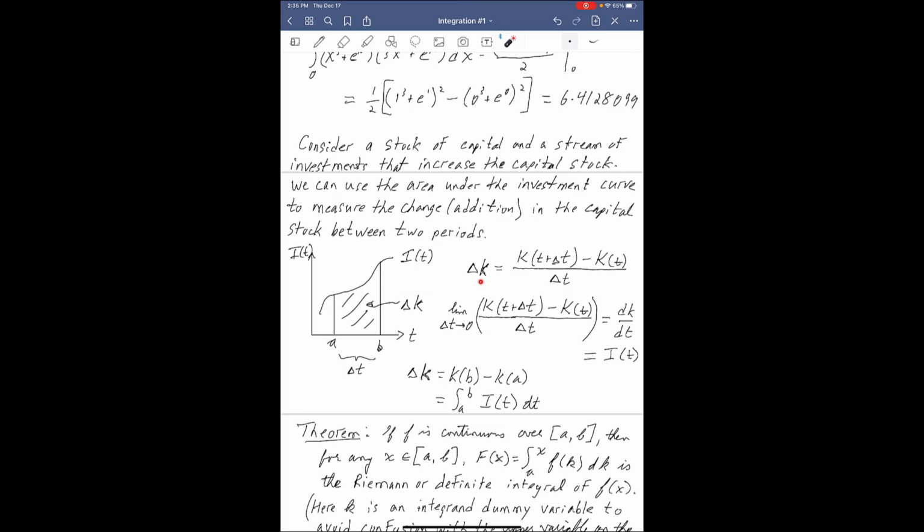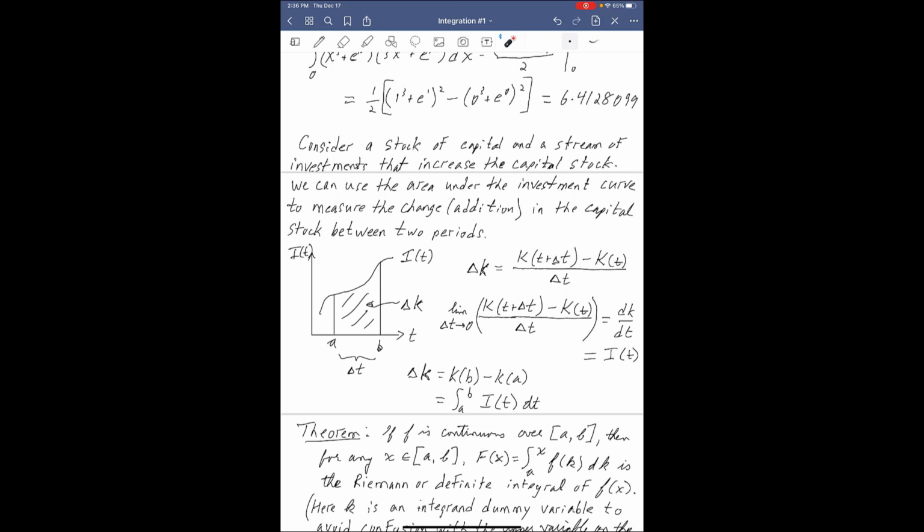So we can write that as the change in capital is equal to the capital at time t plus delta t, so this is our t A, and our delta t is the difference A to B, minus what the capital stock was at A, divided by delta t. And we take the limit as delta t approaches 0.